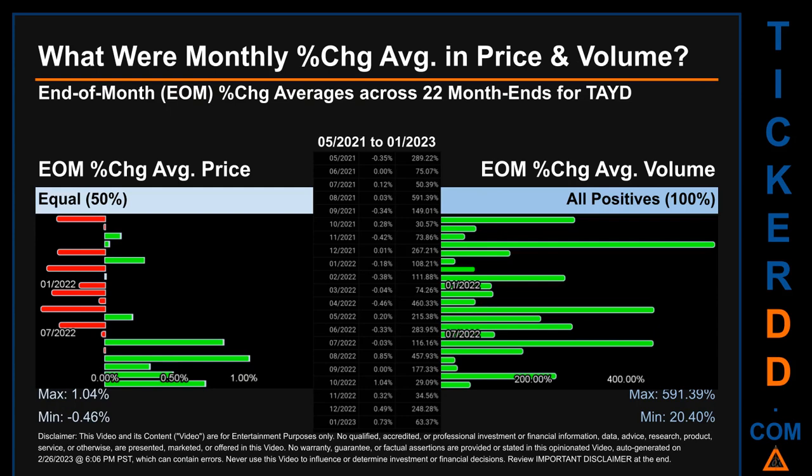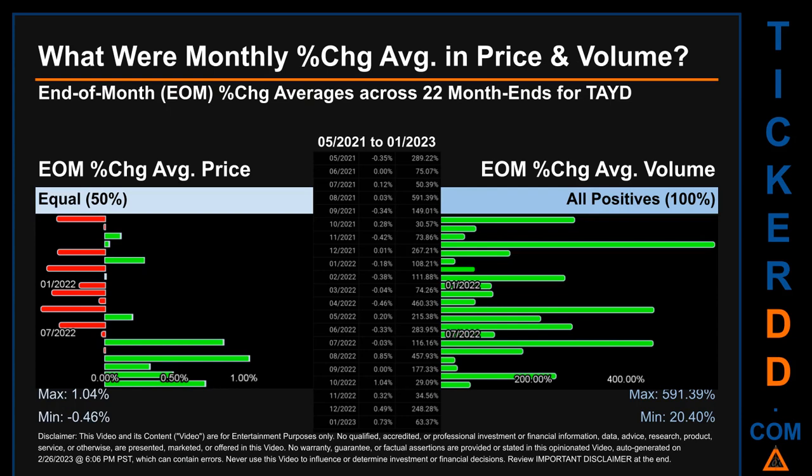From 05/2021 to 01/2023, there was an equal split of monthly percentage change in price across 22 month ends. In terms of volume, 22 out of 22 month ends had a positive percentage change.